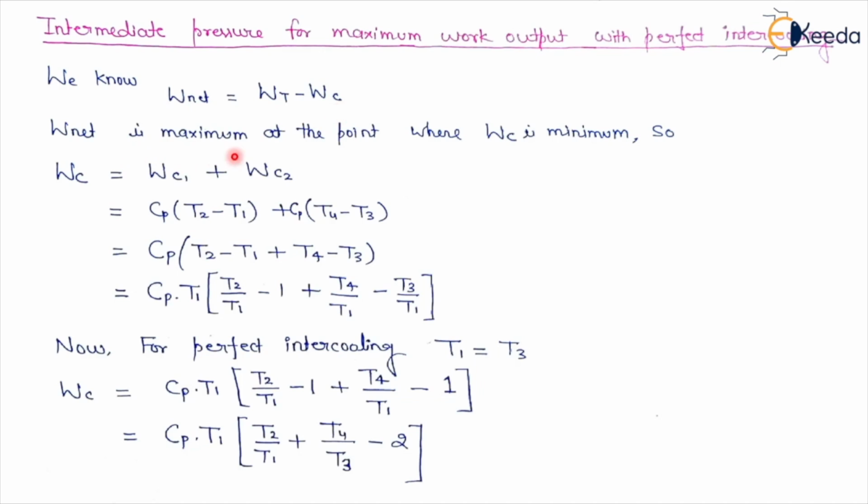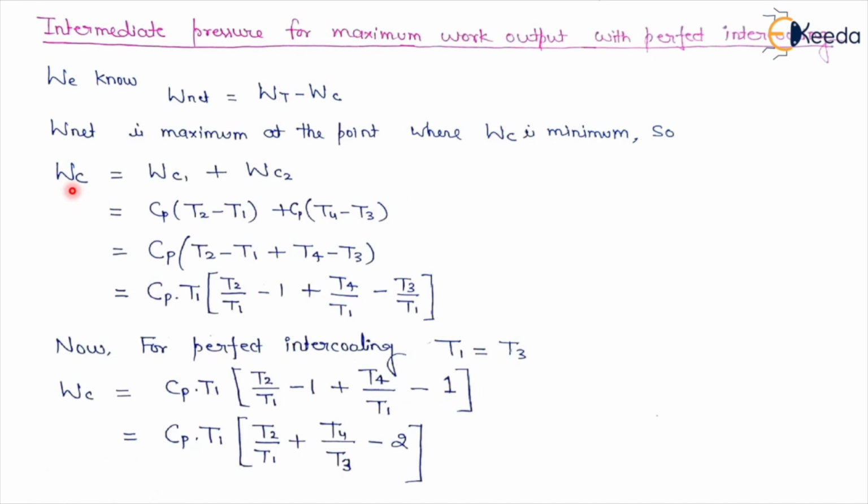So W net is maximum at the point where WC is minimum. I have already explained, W net will be maximum if WC is minimum. So there will be a condition that we will find out here, which is called the intermediate pressure. On that condition, the work input to the compressor is minimum.